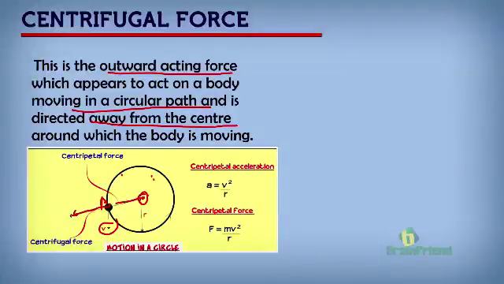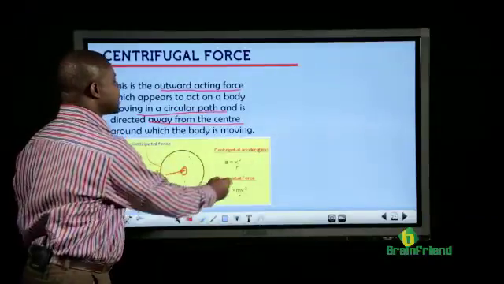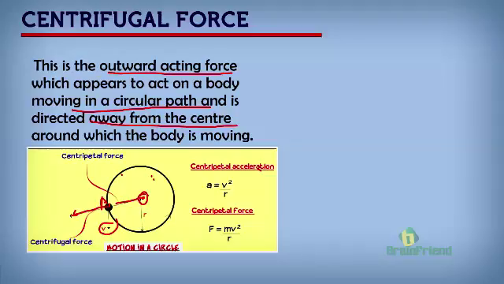Now we can look at a representation of the centripetal acceleration and the centripetal force. A in this expression is the centripetal acceleration, while V is the linear speed or linear velocity, and R is the radius of the circle.